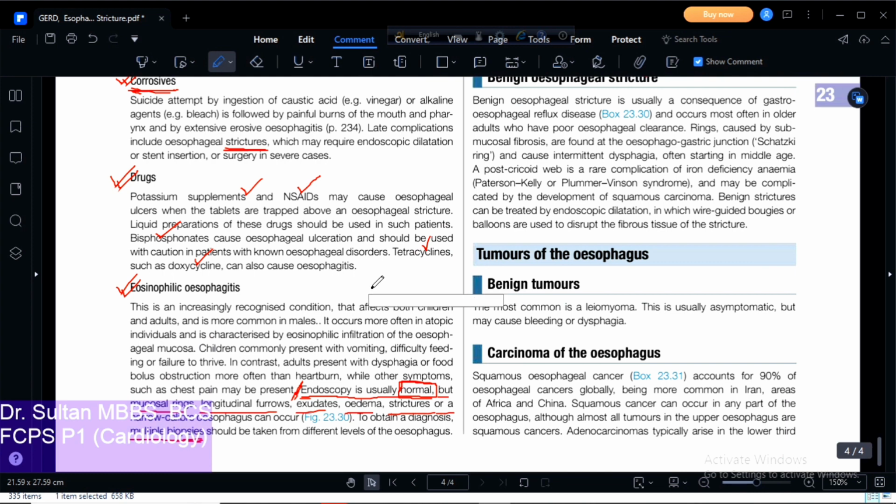An important condition is eosinophilic esophagitis, and in this case the endoscopy is usually normal. So if you see a patient with symptoms of reflux disease or esophagitis, and the endoscopy is normal, still a biopsy should be taken. In eosinophilic esophagitis the endoscopy can be normal.